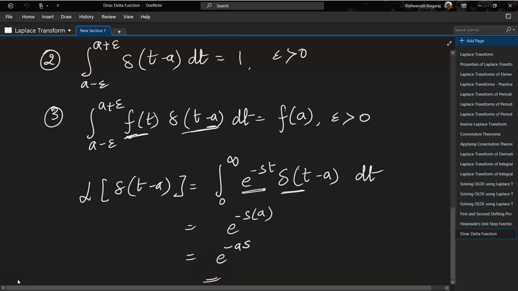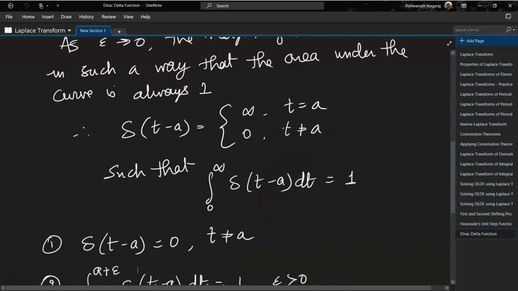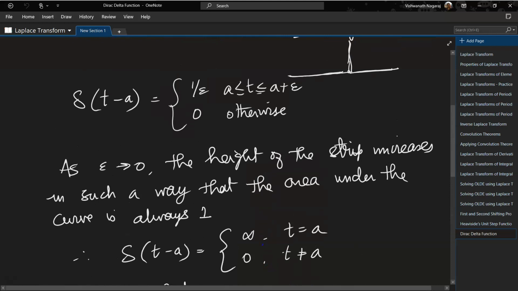Now, you might be wondering how I converted a minus epsilon to a plus epsilon into 0 to infinity. Remember, as per the definition, we are talking of a to a plus epsilon.